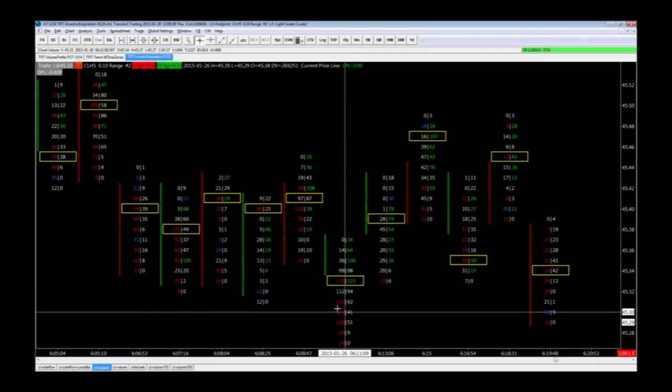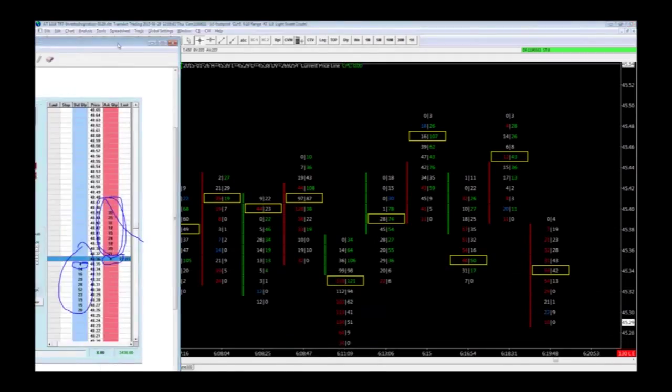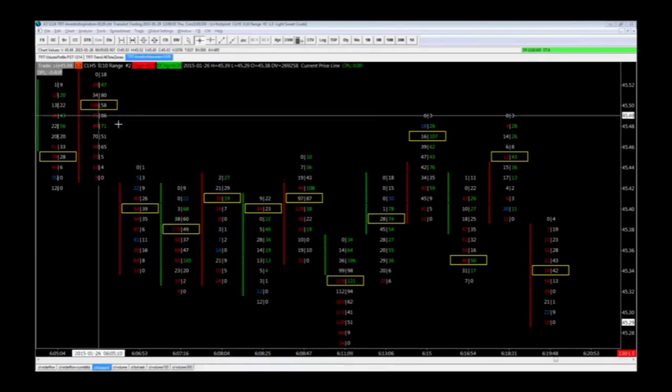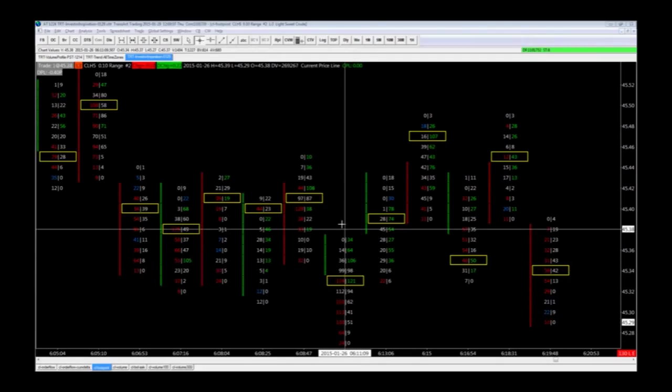Remember, the left side is aggressive selling. The left side is people saying, I'll accept less, people stepping in and taking the bid. Here you have hundreds and hundreds of contracts being sold, but the bar closes up.